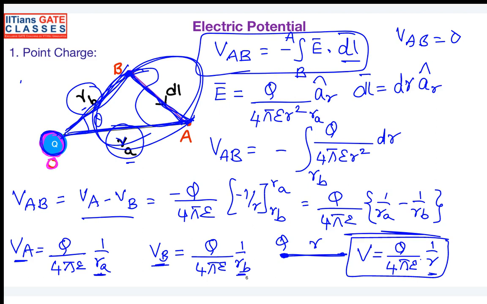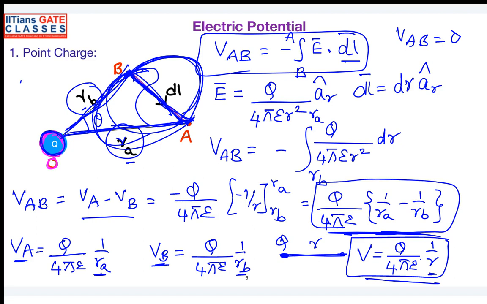So when you want to move from point B to point A, it doesn't matter in which direction you are moving. You can move in a straight line fashion or in a curvature. Even if you move in a straight line, the same potential difference will result. And even if you move in a curvature also, it will result in the same potential difference. So you have to remember here, the potential is basically independent of the path in which you are moving.